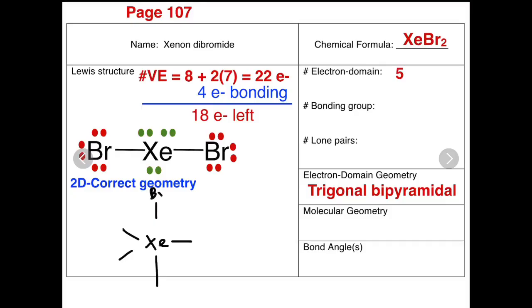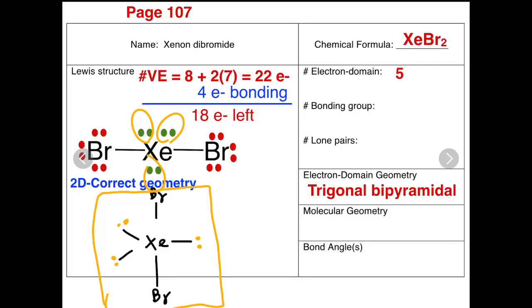And because we have 3 lone pairs here, those have to be on the equatorial positions, so I'm going to add those 3 lone pairs. So this represents the correct geometry for xenon dibromide, because you are going to draw it as the electron domain geometry in this case. So this is the correct structure for that.